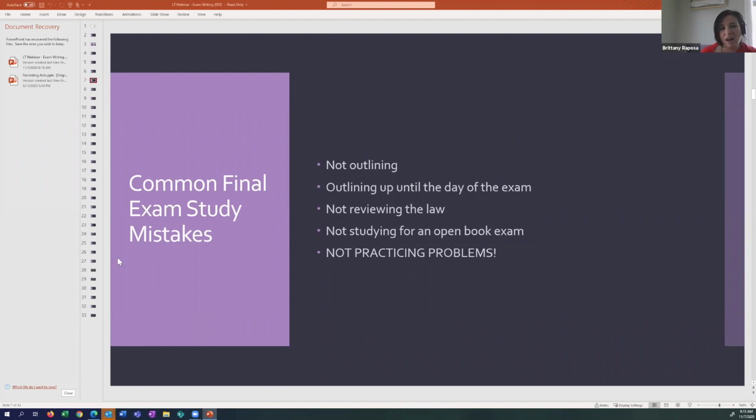Not reviewing the law, that happens. Students just kind of think, well, we read all of these cases, but they never actually picked out the black letter law, the law that they need to include in a rule statement to apply to an exam. One really big mistake, and this might be something that's popular, I know with the pandemic, a lot of law schools are shifting to open book or open note exams.